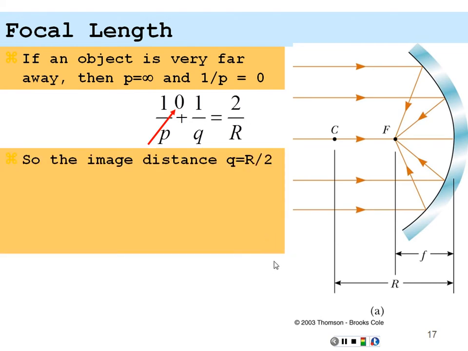So the image distance would be equal to the radius of curvature divided by 2, which means that anything infinitely far away, hence having parallel rays coming into this mirror, are going to converge at a point that has half the distance of the radius of the mirror to the center of curvature.